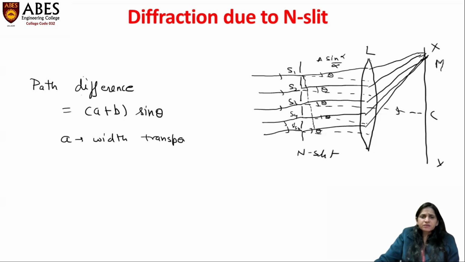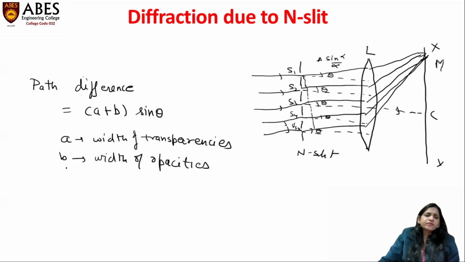And what is b? The width of the opaque area, because the grating is made up of these lines only, the transparent and the opaque lines.